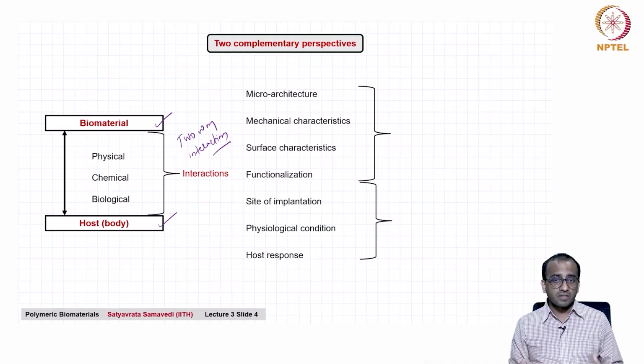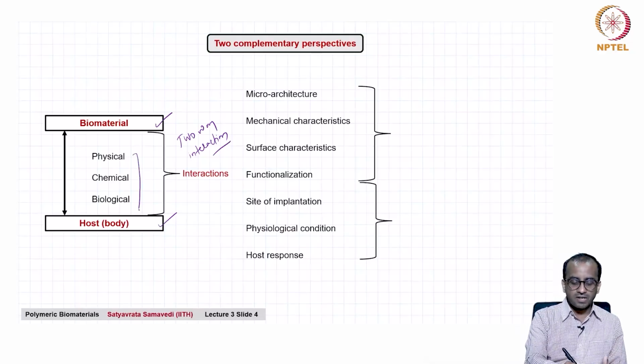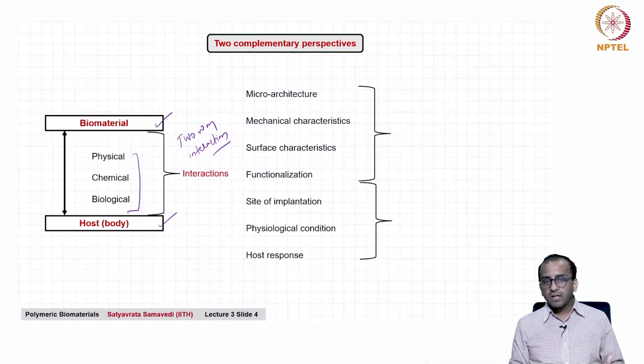Including remodeling the material in many cases. So it's important to keep in mind these factors and the two-way interactions in terms of physical, chemical and biological interactions between the biomaterial and the body when designing materials for specific applications.